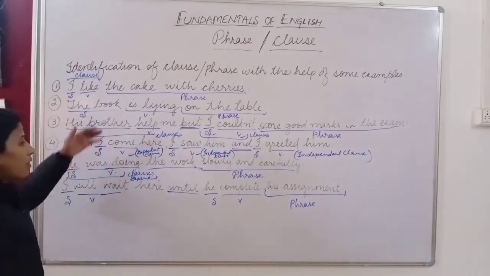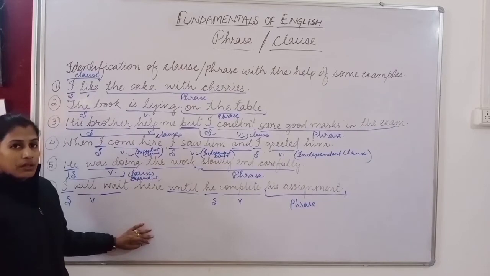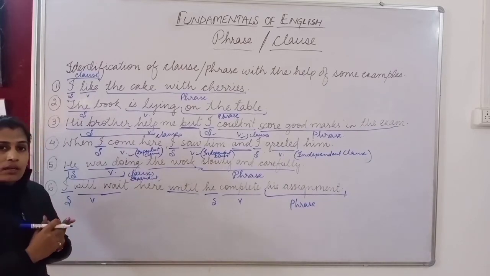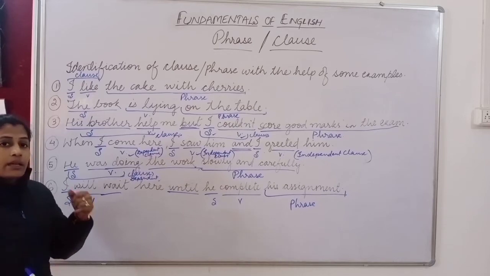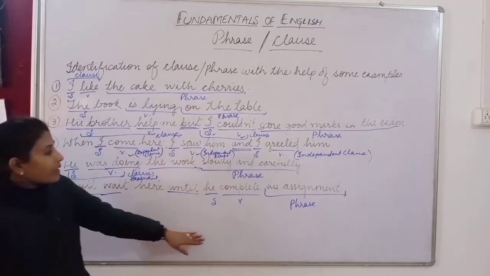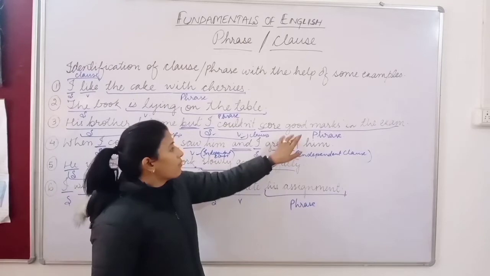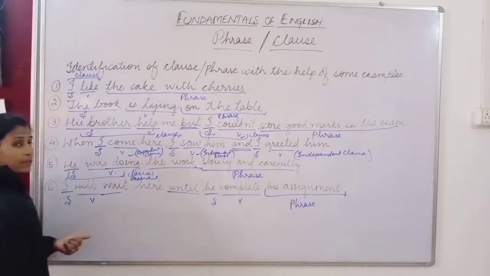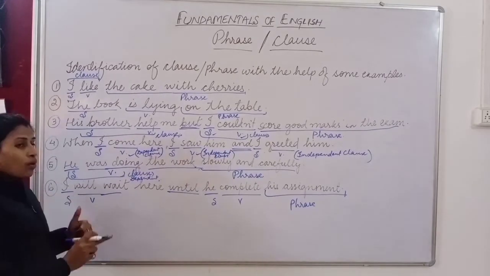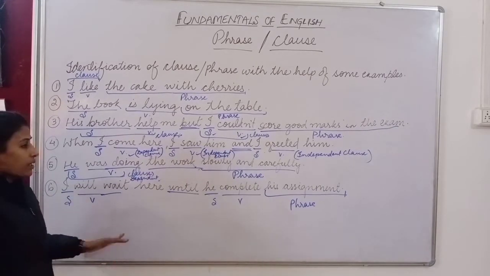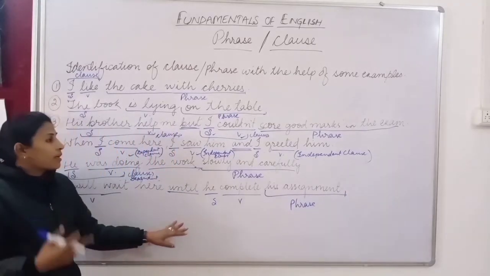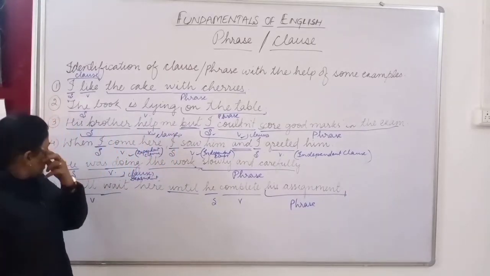So, according to this explanation, we can say a phrase is a group of words. In a phrase there is no single word; they are a group of words, and they have no subject and verb combination. They don't convey any sense.